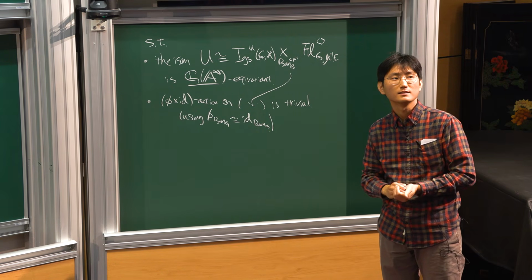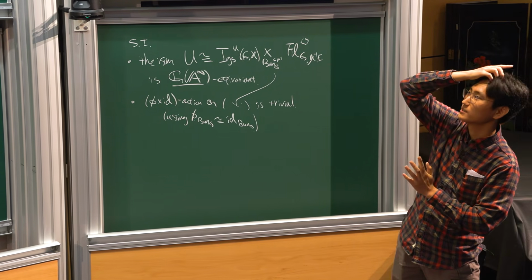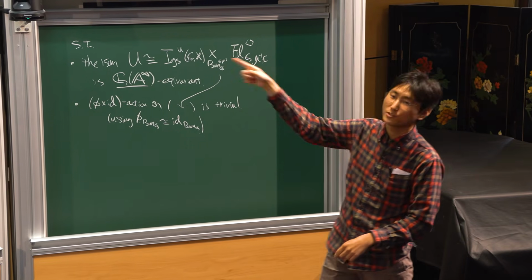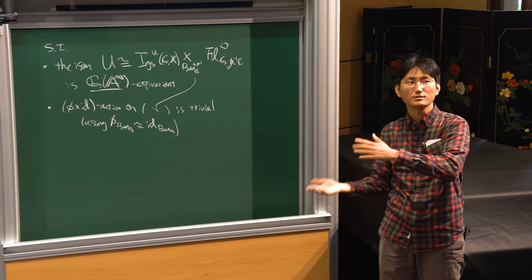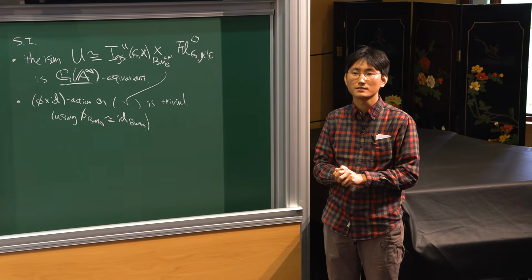So there is some input: you have to unravel the definition of what the Hodge-Tate period map is doing, and then there is some unraveling to do, but in the end I think it's essentially the same proof.